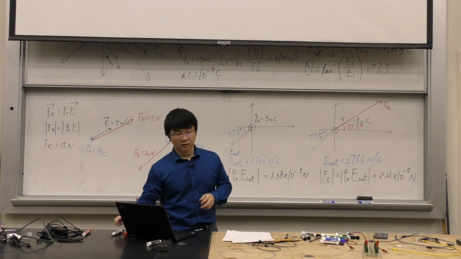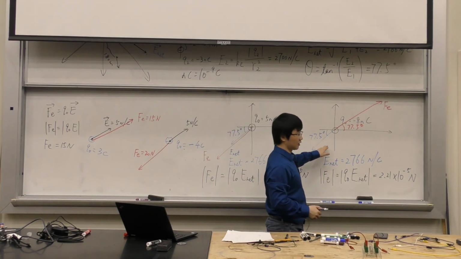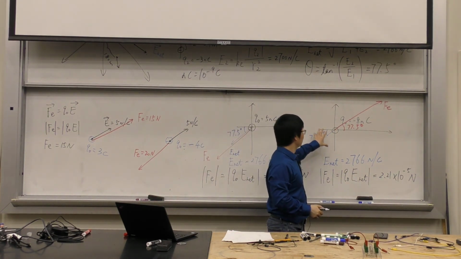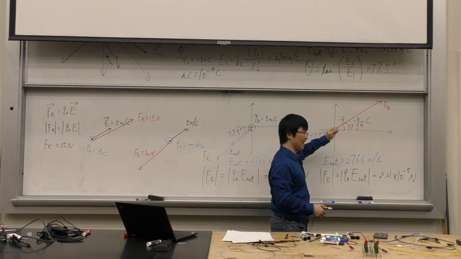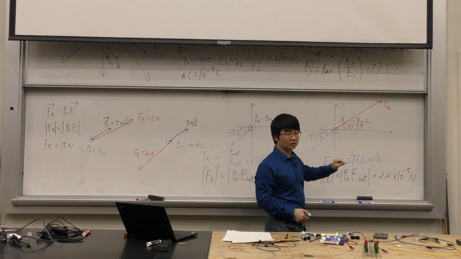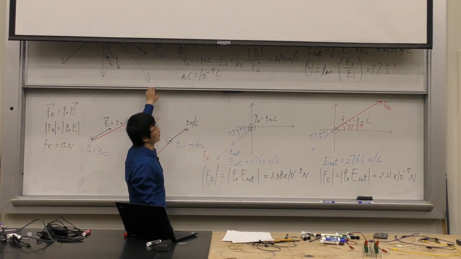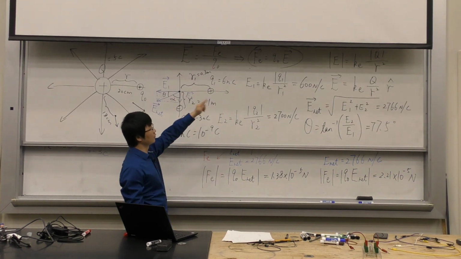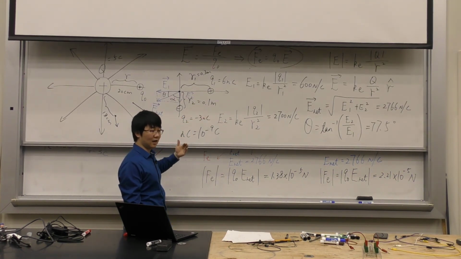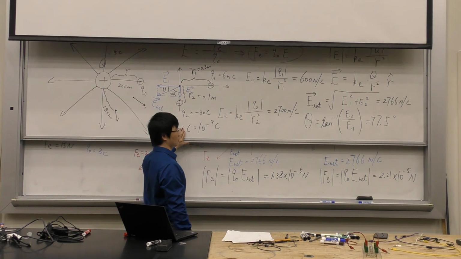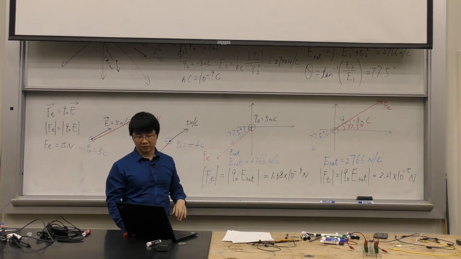So see that now I can save a lot of time if I already found the electric field at this point. I can calculate the force on any test charge very easily, just one step. I don't need to repeat the hard work. That's the idea, and that's why we introduced this concept, electric field.